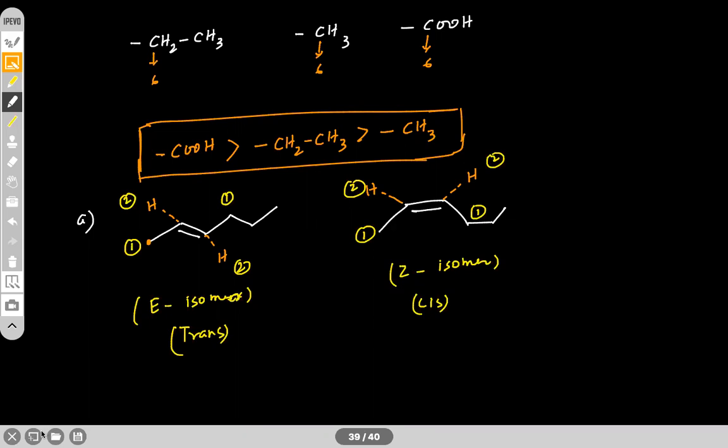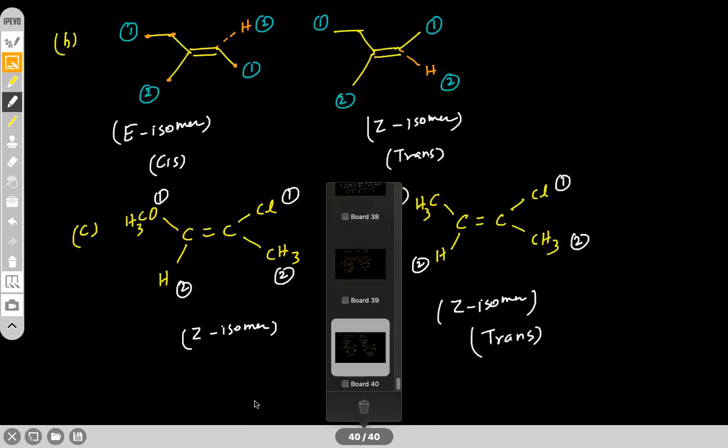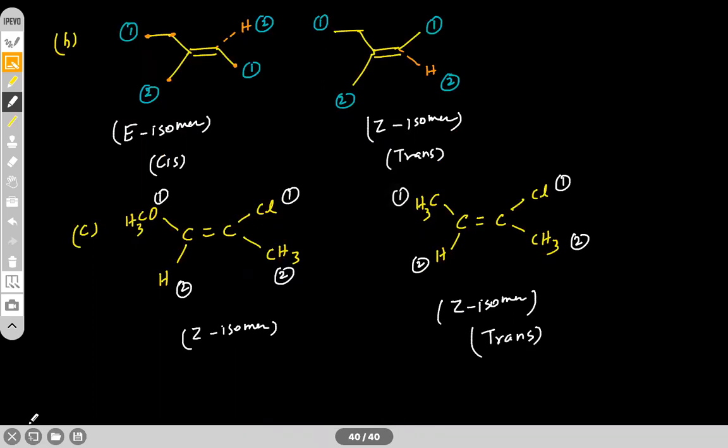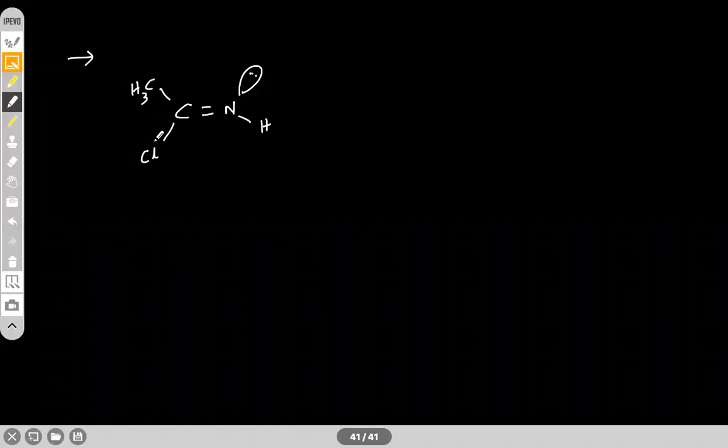Now, the next thing here, if you have molecules like this, carbon nitrogen double bond, we have one lone pair here, one hydrogen, we have CH3 and chlorine, like this.